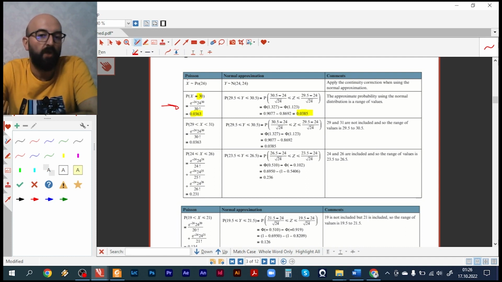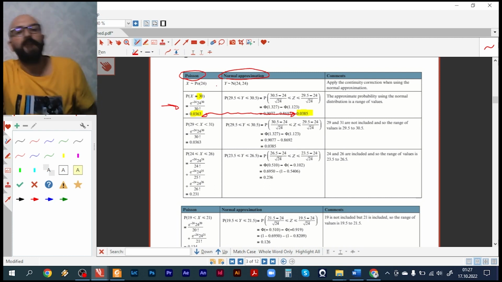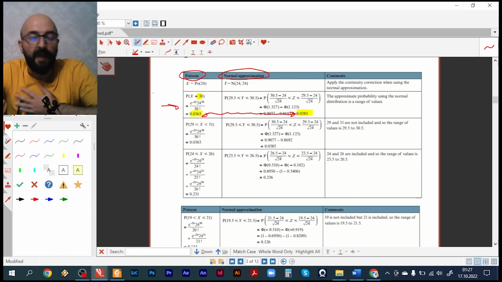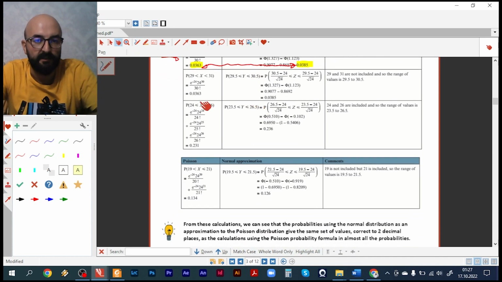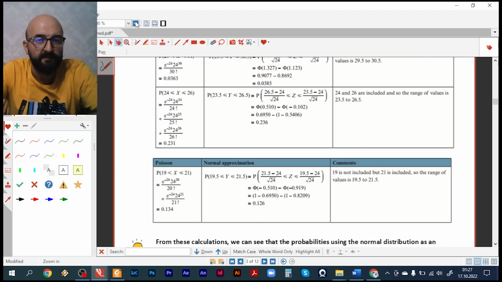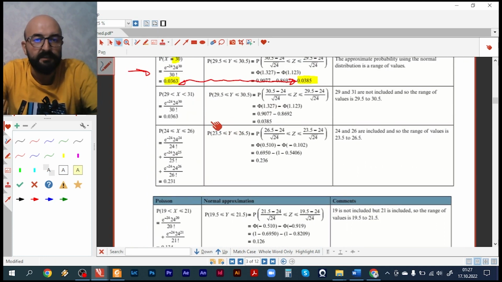We figured it out with both the Poisson formula and the normal approximation, and we found very similar values. And we have another section, about the probability of x between 29 and 31.